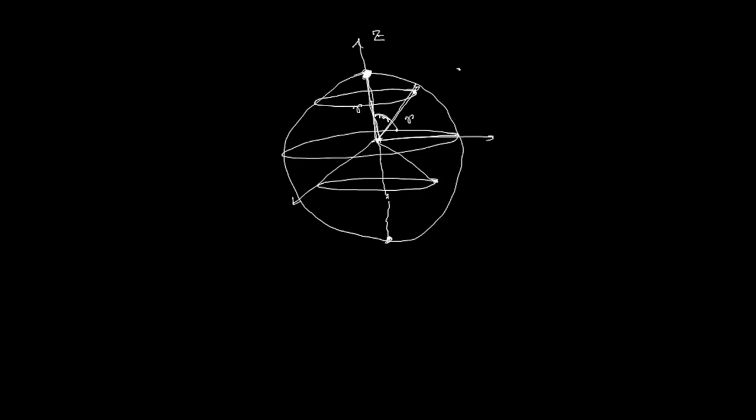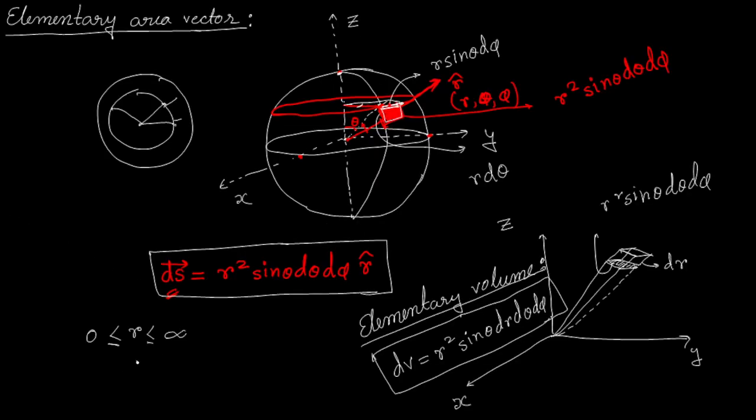Then we increase it. Finally we have taken a point on the negative z-axis. If we connect this point with the origin, this will be the maximum value of theta. So the limit of theta will be 0 to pi.